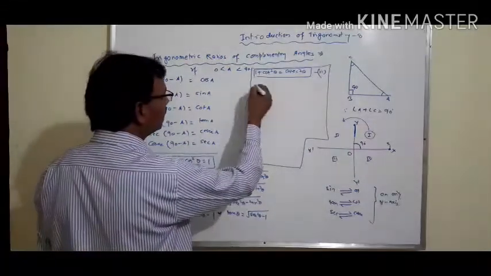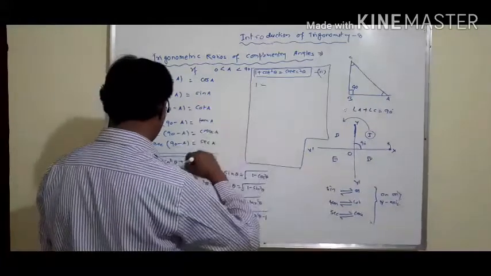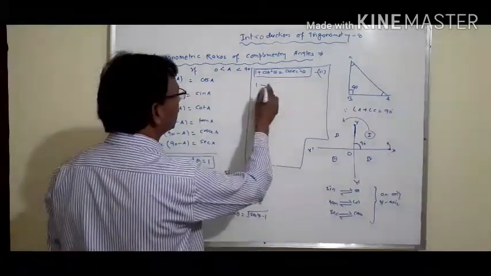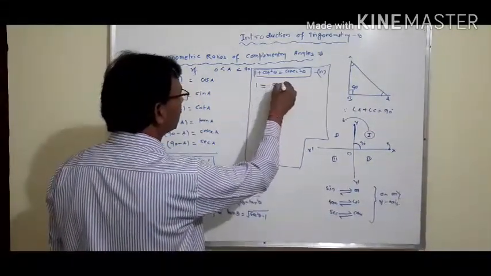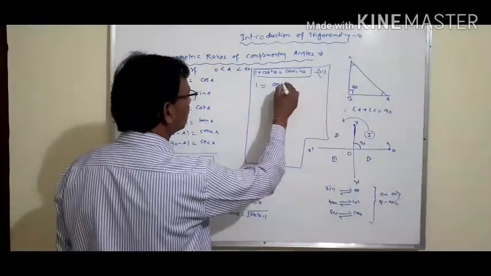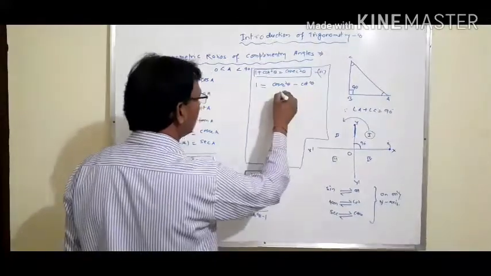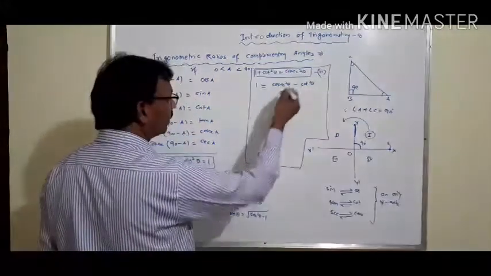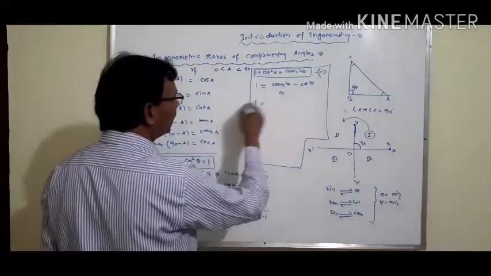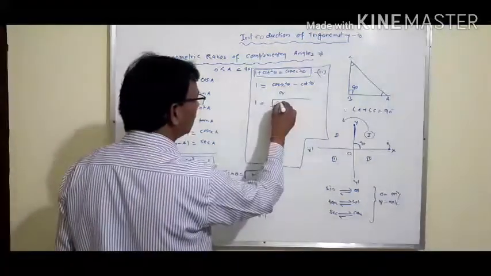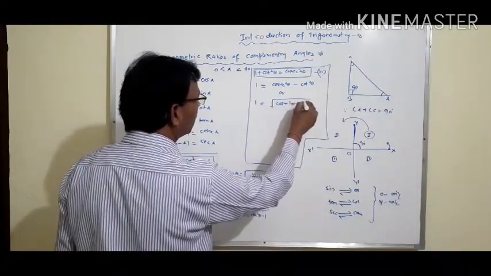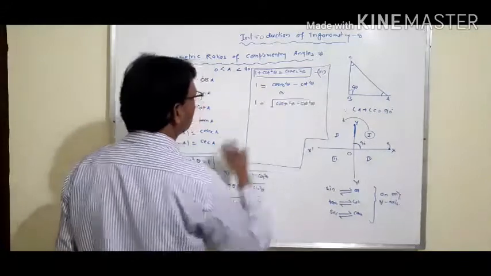Now you can write this as 1 equals cosec square theta minus cot square theta, or taking the square root on both sides, cot theta equals root under cosec square theta minus 1.